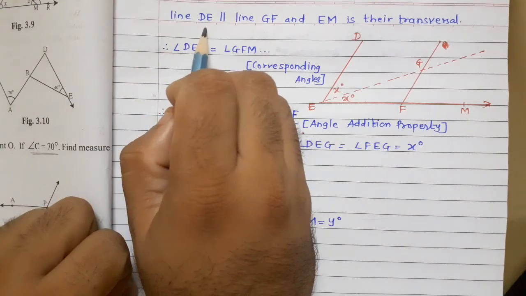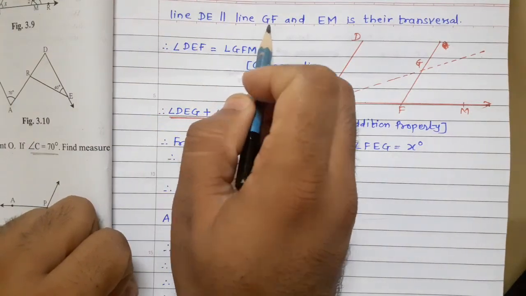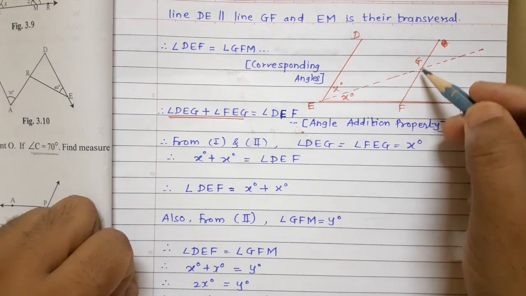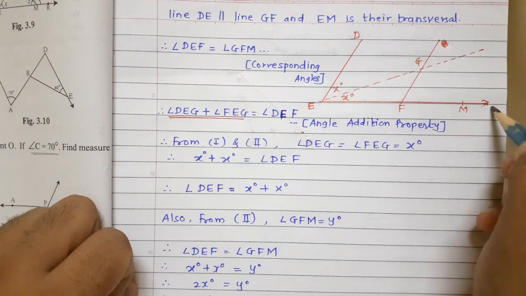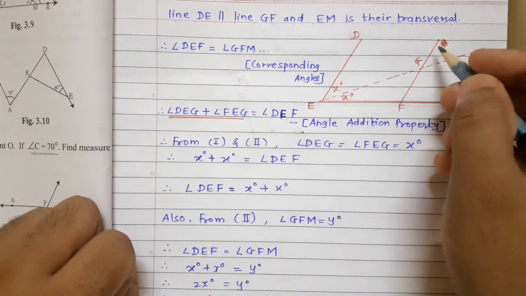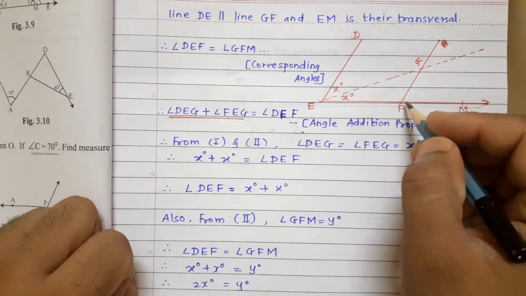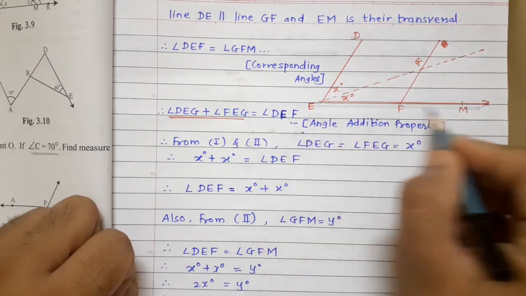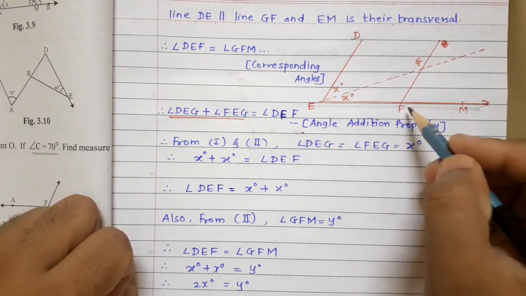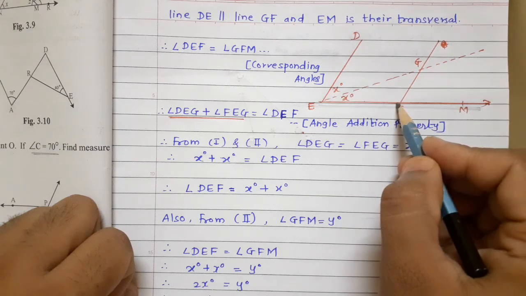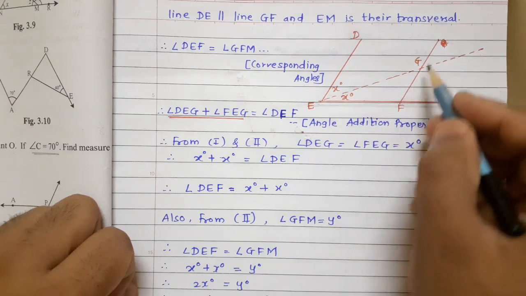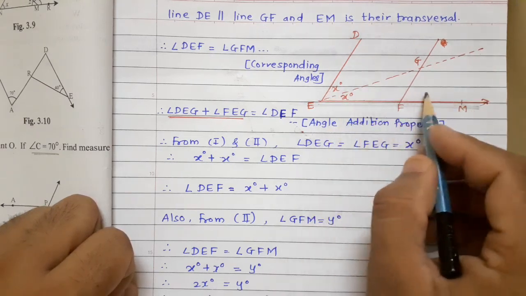Now, line DE is parallel to line GF, and EM is their transversal. So angle DEF and angle GFM, these two angles, are corresponding angles.